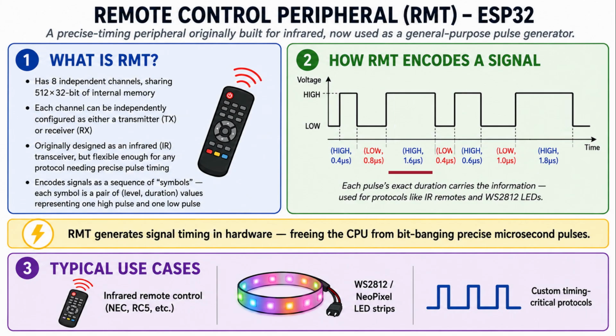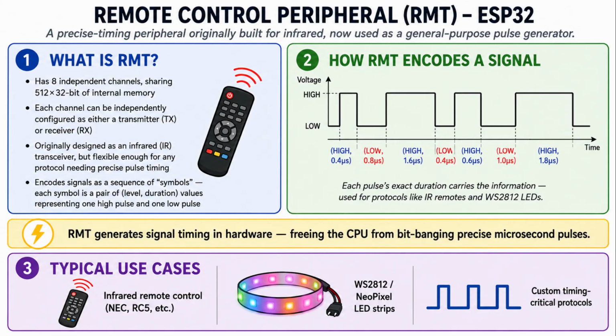The interesting part is that RMT does not simply store bits, it stores symbols. Each symbol contains two things, a signal level and a duration. For example, we could say high for 0.4 microseconds, then low for 0.8 microseconds, high for 1.6 microseconds, and so on. The duration of these pulses is what carries the information.